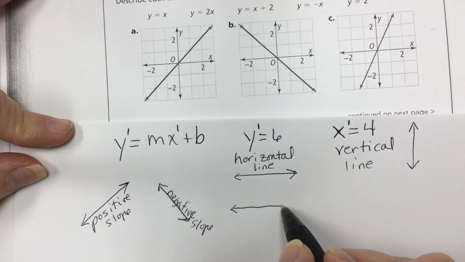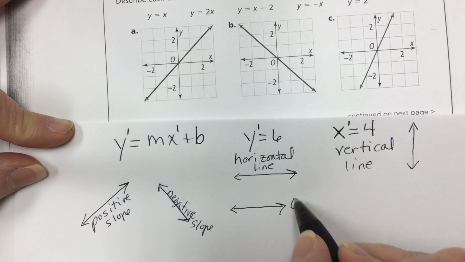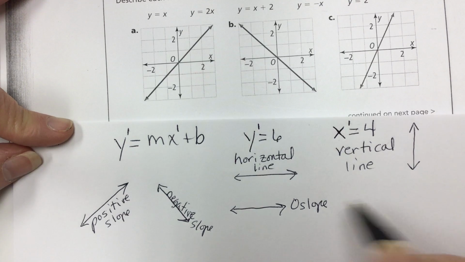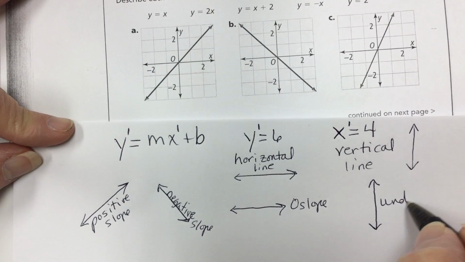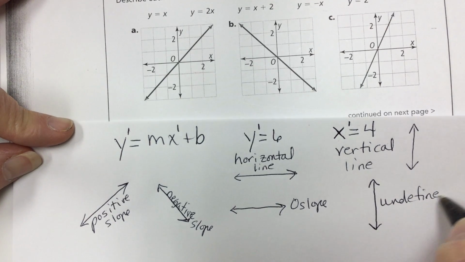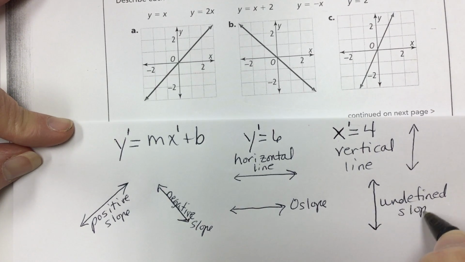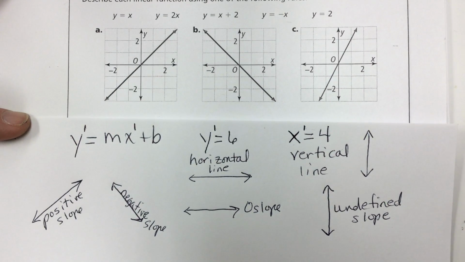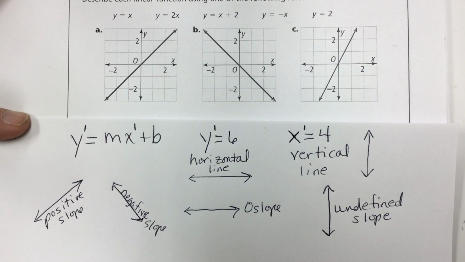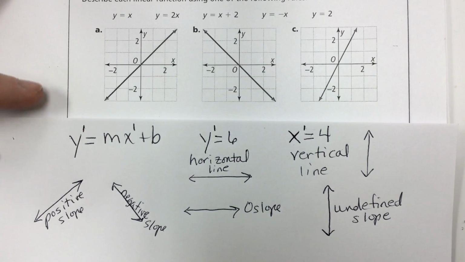A horizontal line has a 0 slope, and a vertical line has an undefined slope. So that just gives you a little bit of information about what a linear equation looks like and their slopes.